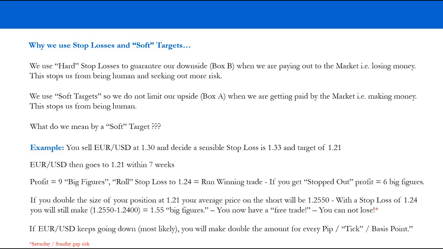The first thing we have to do is always ensure that we use hard stop losses. So what do we mean by stop loss? It means if you go long or short an asset, you put a guaranteed limit order to trade out of the asset if it goes against you.